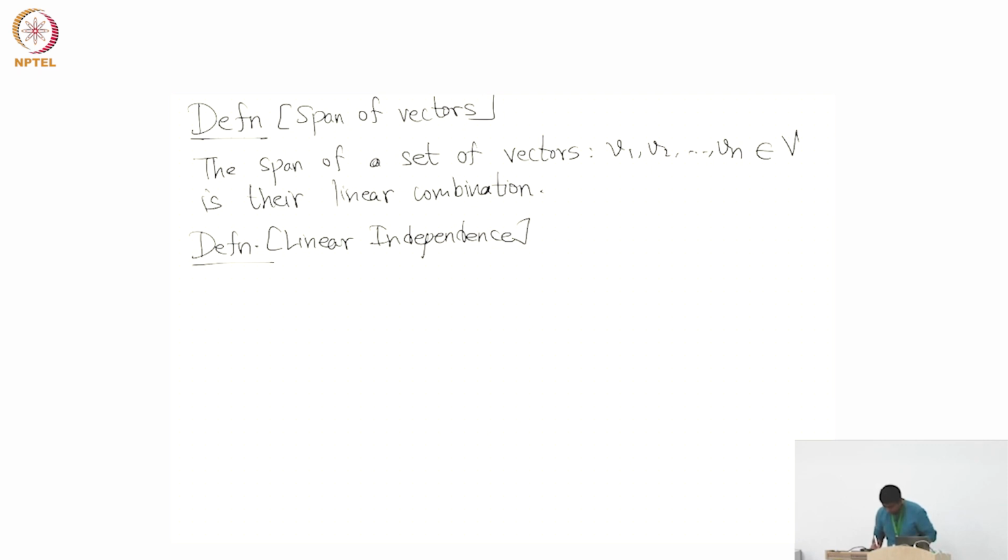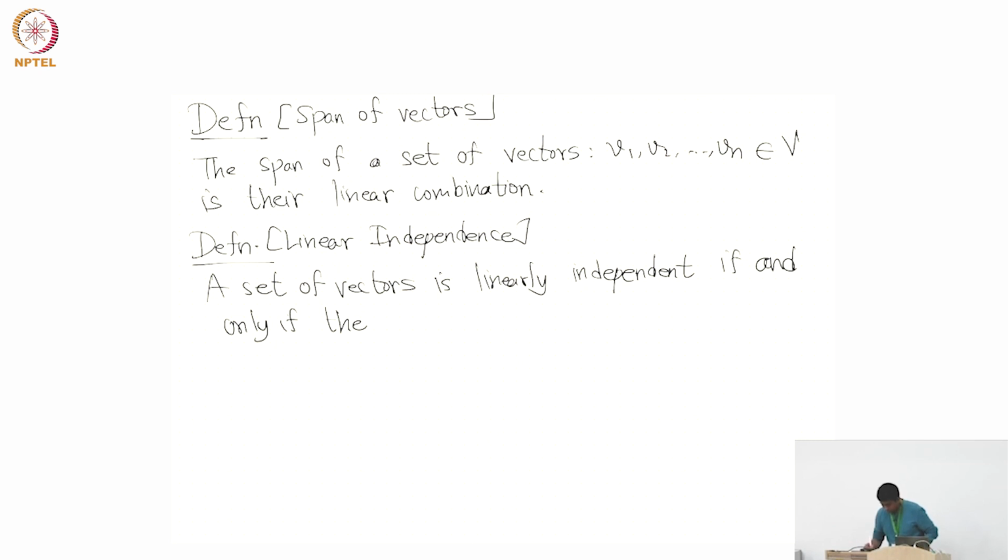A set of vectors is linearly independent if and only if the scalars for their linear combination to produce the zero vector are all zero.